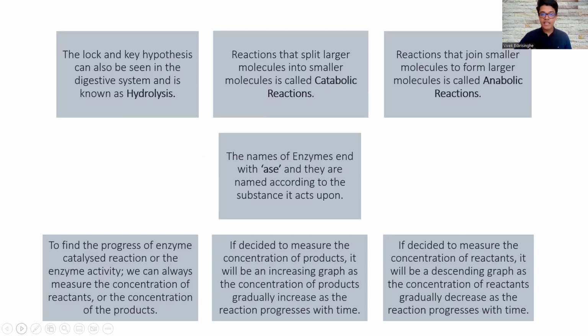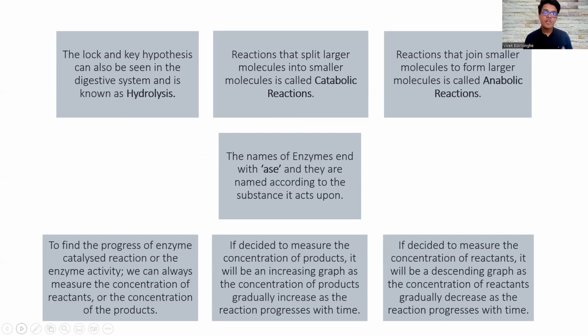So remember that catabolic reactions split larger molecules into smaller ones, and anabolic reactions join smaller molecules to form a larger one. Also remember that when measuring the progress of an enzyme catalyzed reaction, or the enzyme activity, we can always measure either the concentration of reactants or the concentration of products.